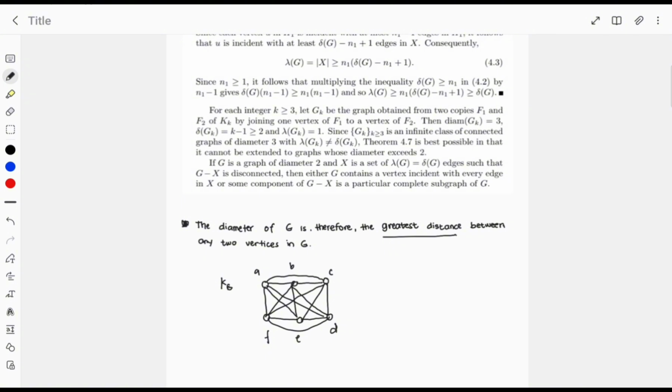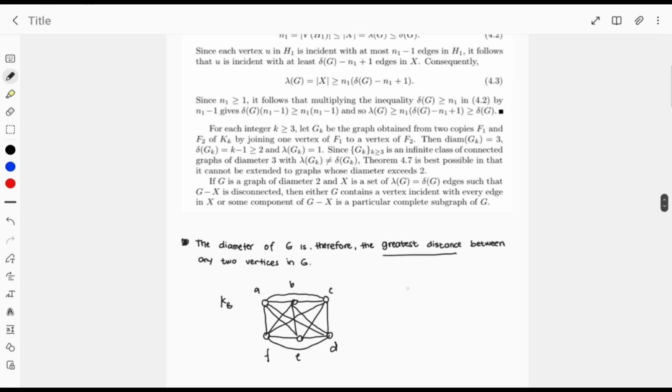So here we have lambda. Their edges or their degree are all equal. So for K6, lambda of K6 is equal to n minus 1, which is equal to 5.